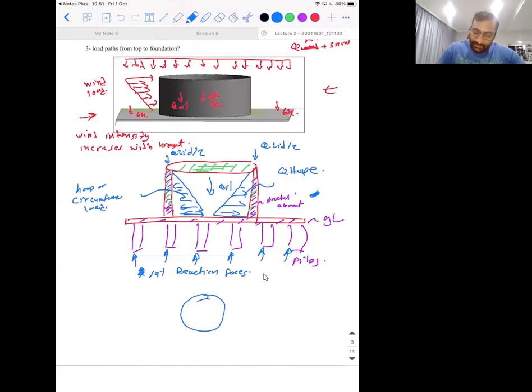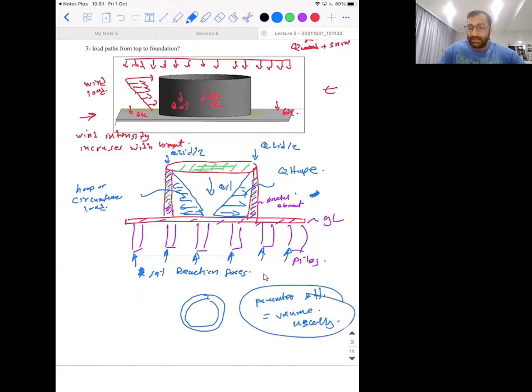So we're always going to use something we call the perimeter in the calculation. So the perimeter multiplied by the height would equal my volume, usually. When we're calculating loads, we have to multiply by a volume. This is the volume that we're talking about. It's the perimeter multiplied by the height.